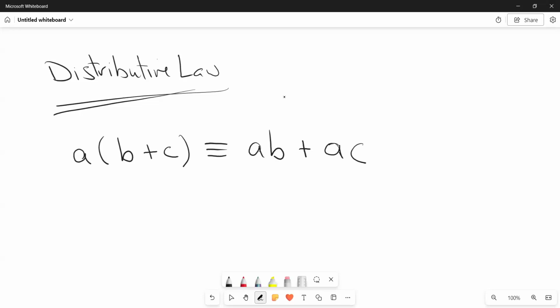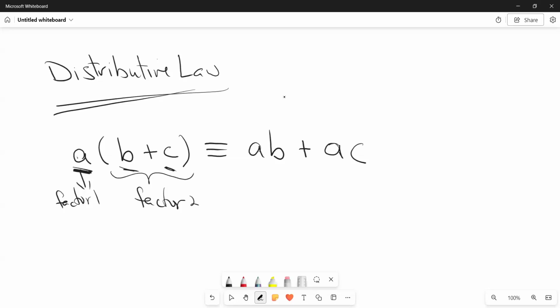In other words, the distributive law is saying that if you have an expression that is a product of 2 factors, you see, this is a factor, factor 1, and this here is another factor, factor 2, you could multiply this factor that is in front here by everything in the bracket.